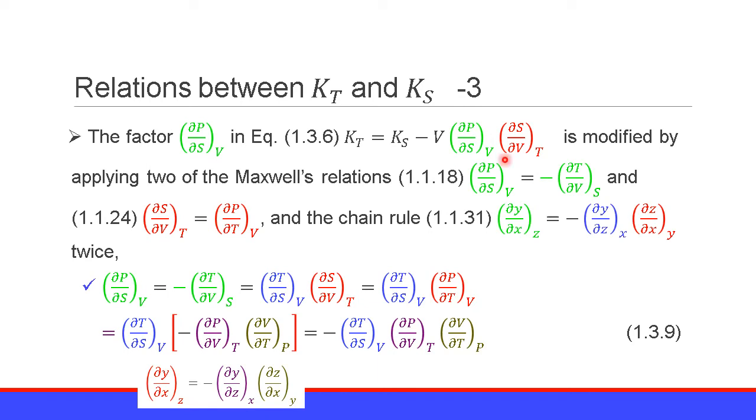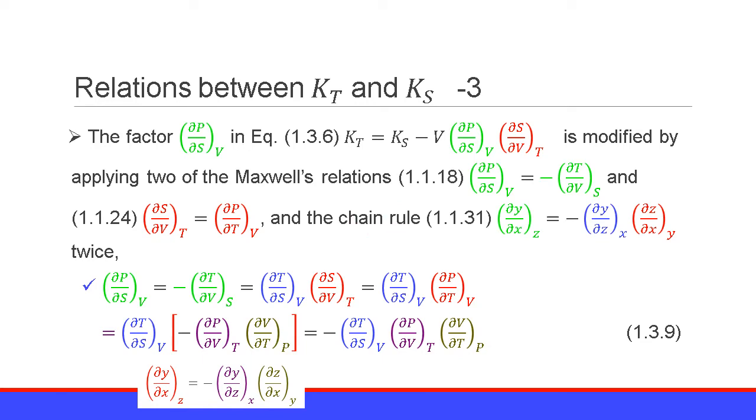Because we expressed this red factor by the thermal expansion coefficient and the isothermal bulk modulus, the next issue is this green term, a green factor, namely the partial derivative of the pressure with respect to the entropy S at constant volume V. We modify this factor by using two Maxwell's relations and the chain rule two times.